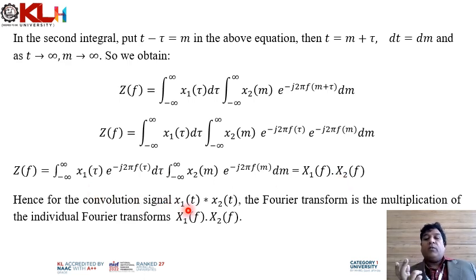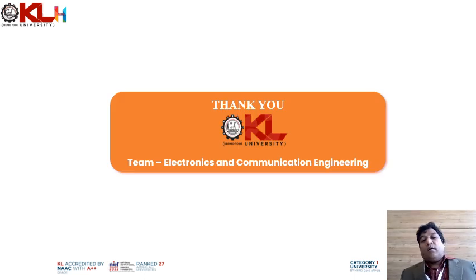So if you take the convolution of x1 of t with x2 of t, the Fourier transform will be the multiplication of the individual Fourier transforms, capital X1 of f multiplied with capital X2 of f. Thank you very much.